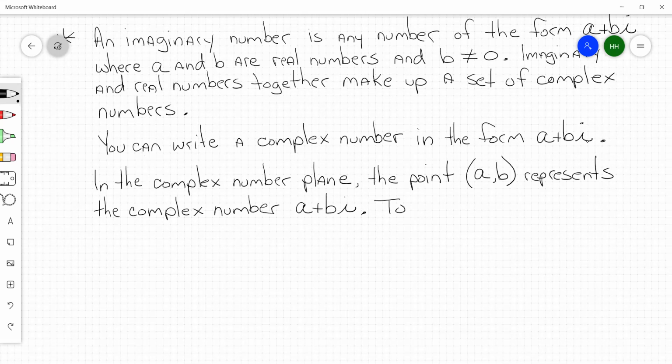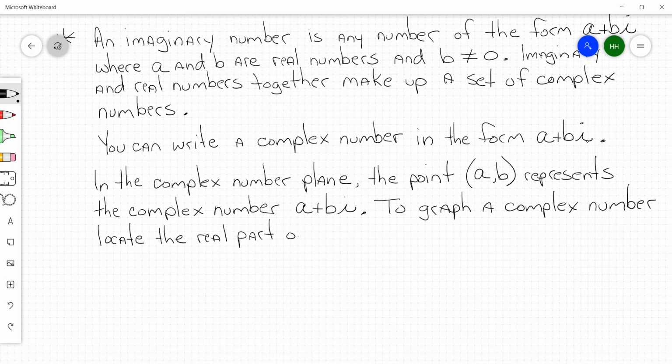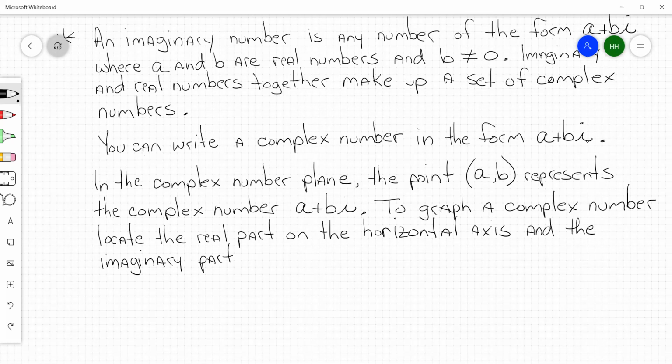To graph a complex number, locate the real part on the horizontal axis and the imaginary part on the vertical axis.